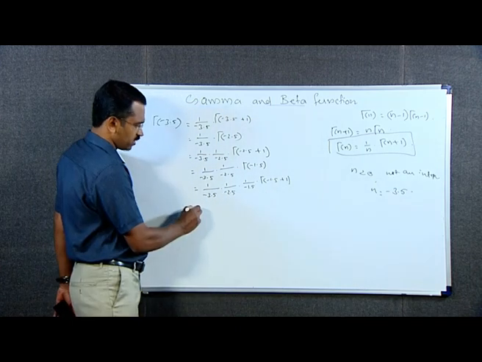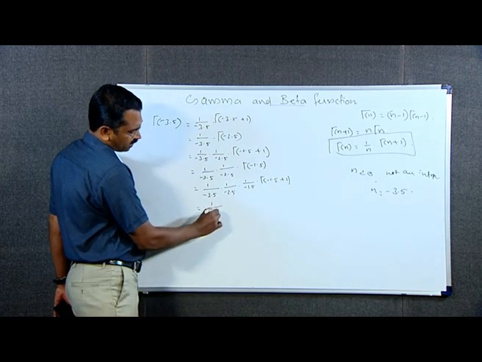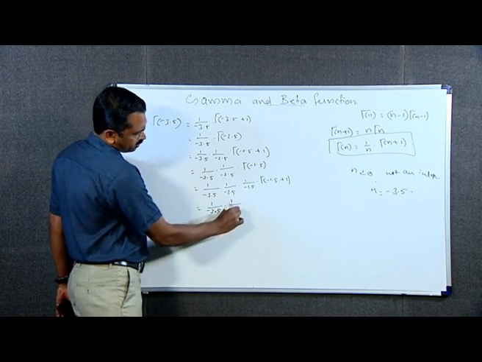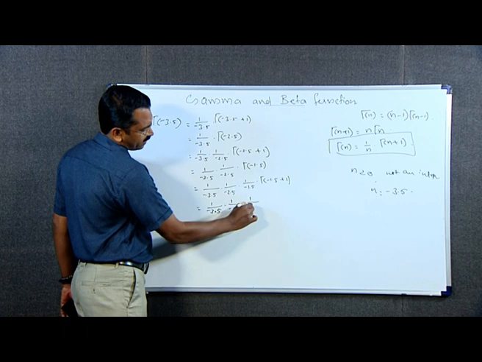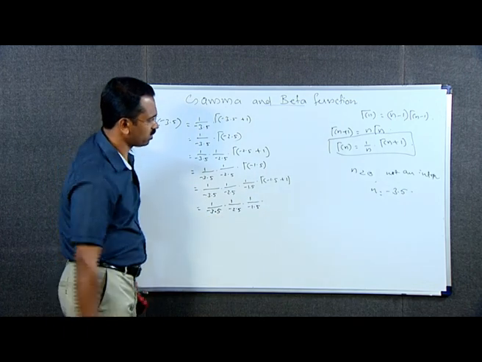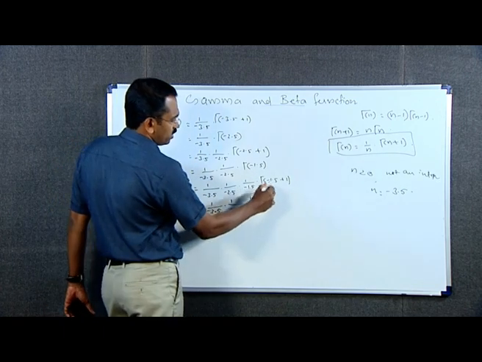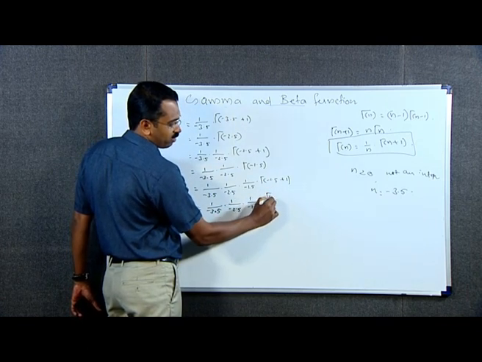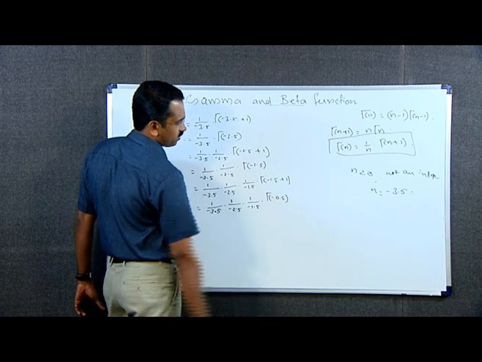This is equal to 1 by minus 3.5 into 1 by minus 2.5 into 1 by minus 1.5 into gamma of minus 0.5.